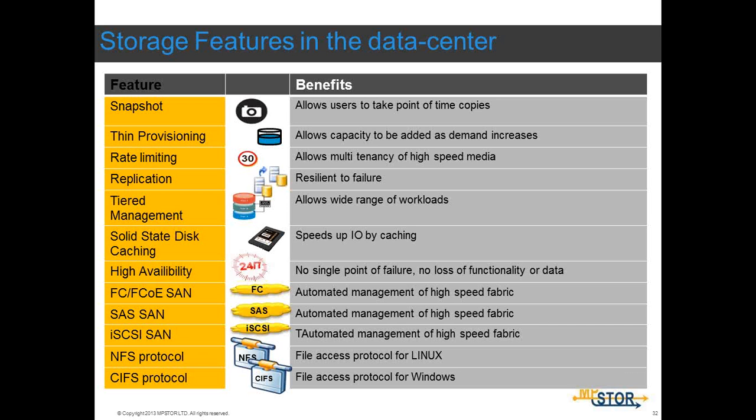Snapshots, rate limiting, replication, tiered storage management, etc. So there's a whole set of different types of storage features that need to be available either to administrators or to end users of storage. And not all of those features are always available in an object storage solution, whereas they're kind of de facto standards in a block storage solution. We move to the next one more.